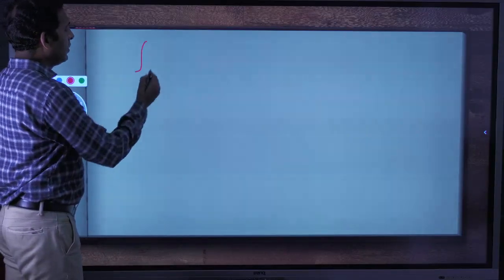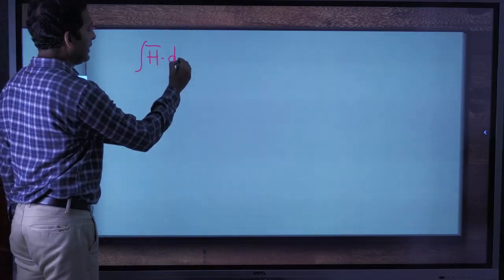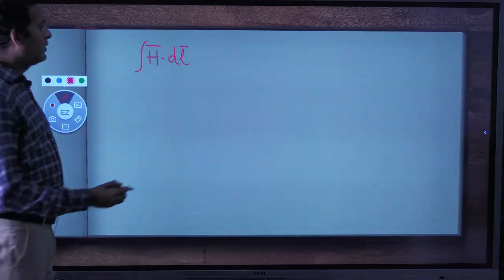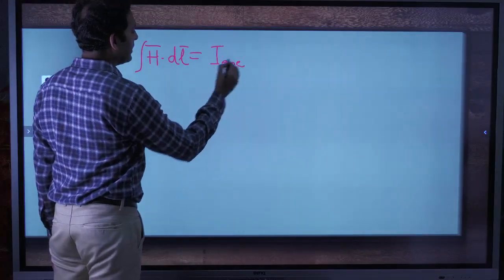In other words, whenever there is a current, a moving charge, it will create a magnetic field. So in a closed integral, the magnetic field intensity H dot dl will be equal to the current enclosed by that area.